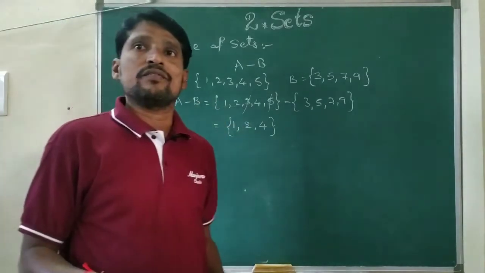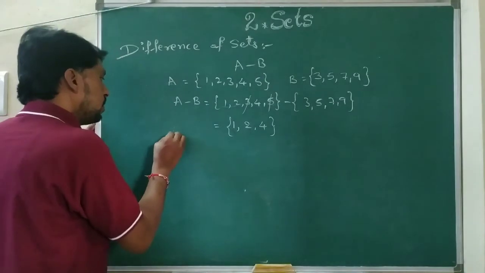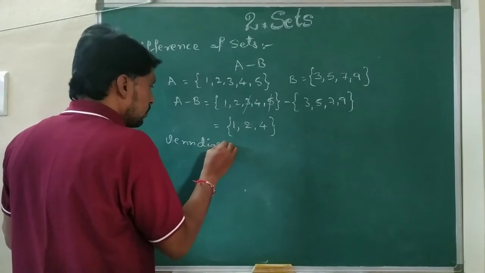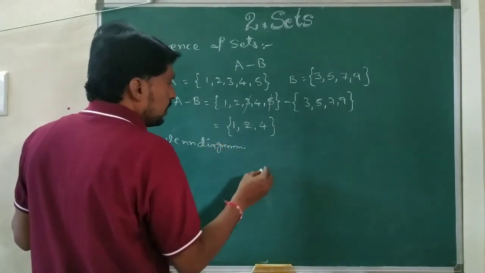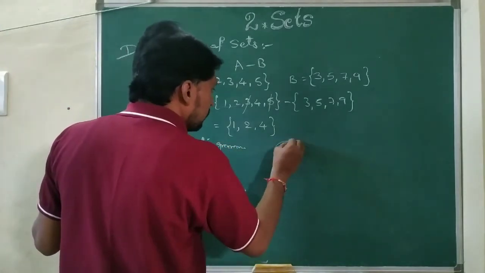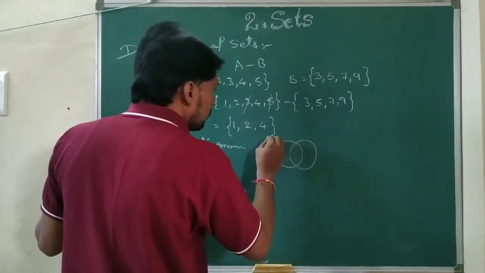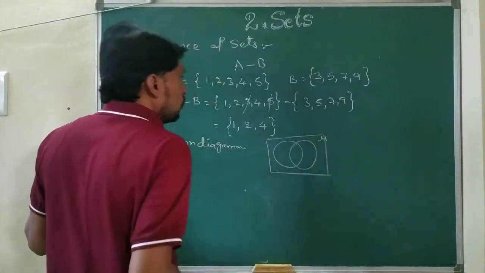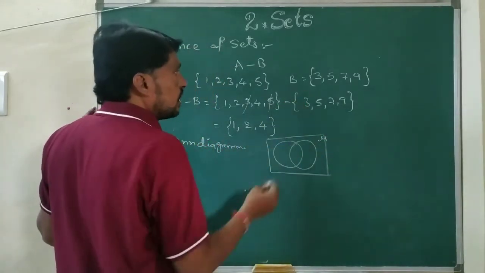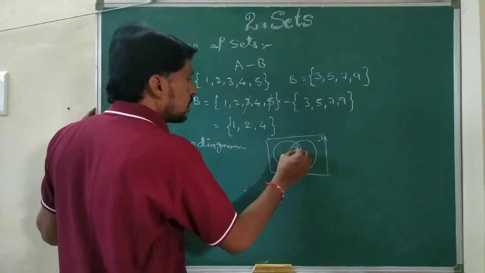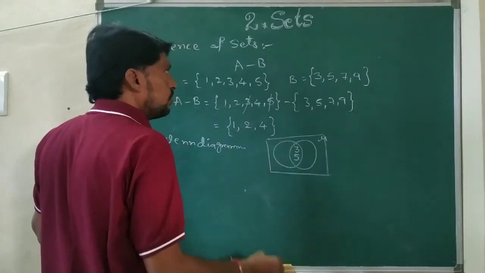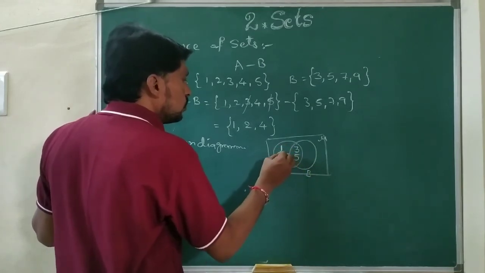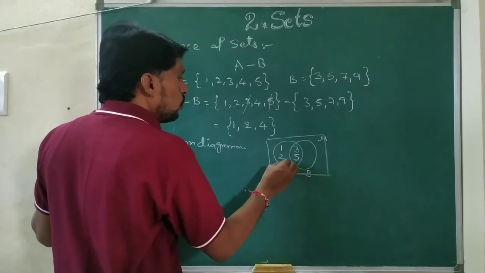So how to represent it in a Venn diagram? The Venn diagram of A minus B. This is A, this is B, this is mu. First we write the common elements in the common section: 3, 5. In set A we have 1, 2, 4, along with 3 and 5.